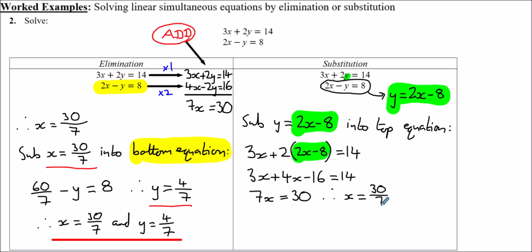We then proceed exactly as before. We then substitute this back into one of the initial equations. So I would say to just substitute this into the bottom equation again. So sub x equals 30 over 7 into the bottom equation.